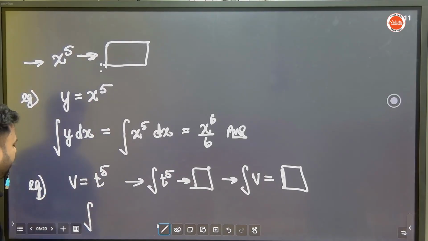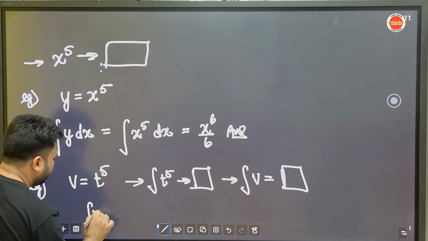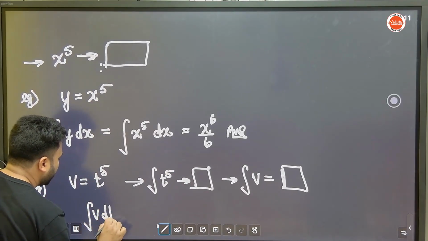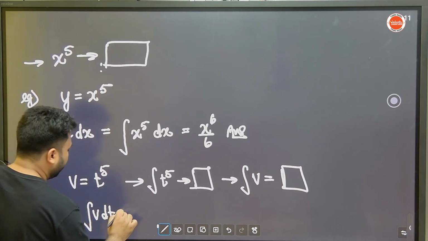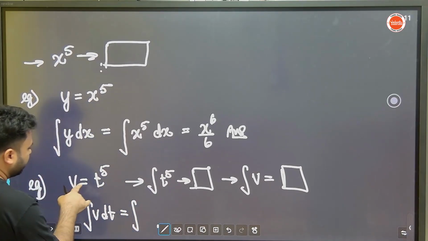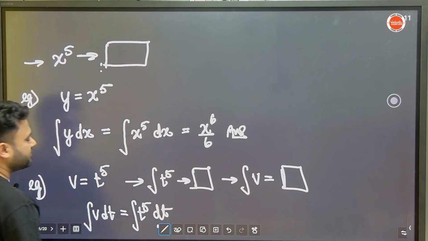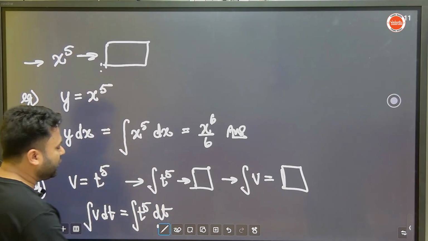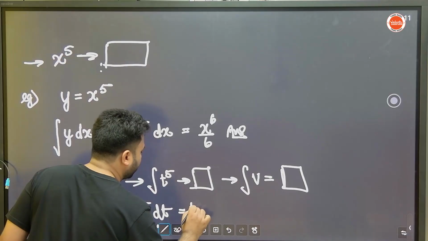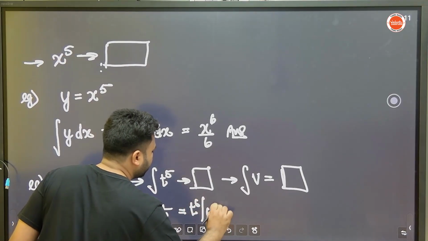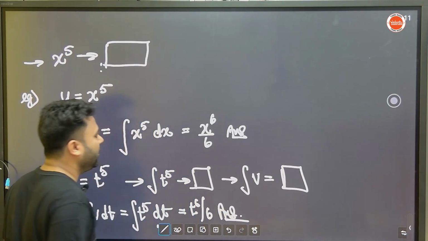Here v depends upon t. So integration of v dt. This is the format. So it will be integration of v, t to the power 5 dt. Now integration of t to the power 5 will be t to the power 6 by 6. This will be the answer.